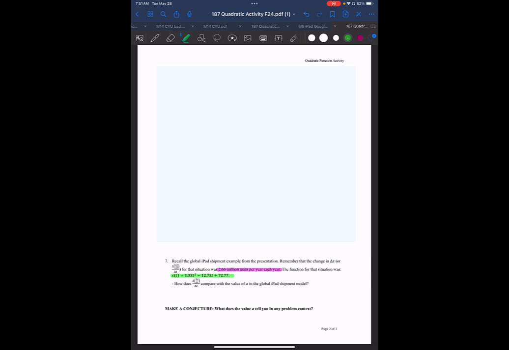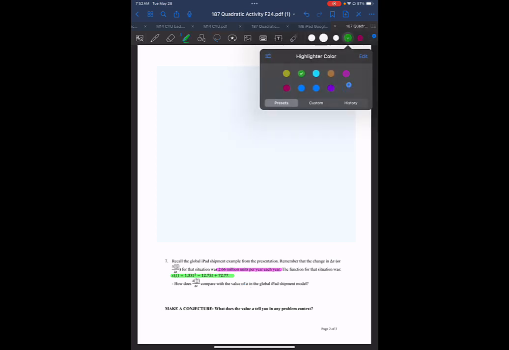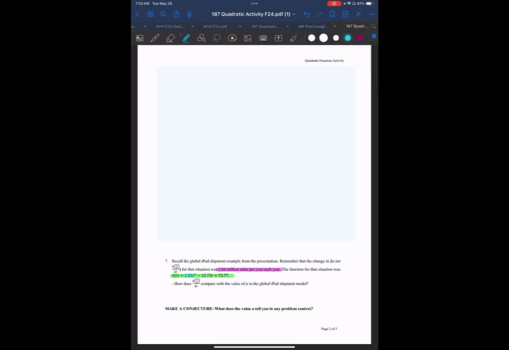And so the question says, how does this rate of the rate compare with the A value in the global iPad shipment model? So the A value is this particular piece right here of the formula. Not a good color to use, so I'll just come back and circle it. The 1.33.